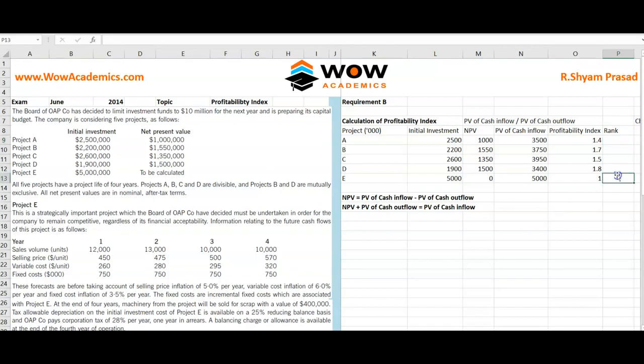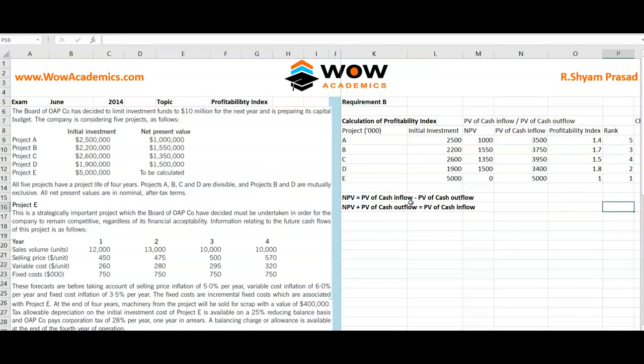So E has to be invested. So rank wise, E becomes number 1, D becomes number 2, B is 3, C is 4, and A is 5. Okay, so we got the rank also here.